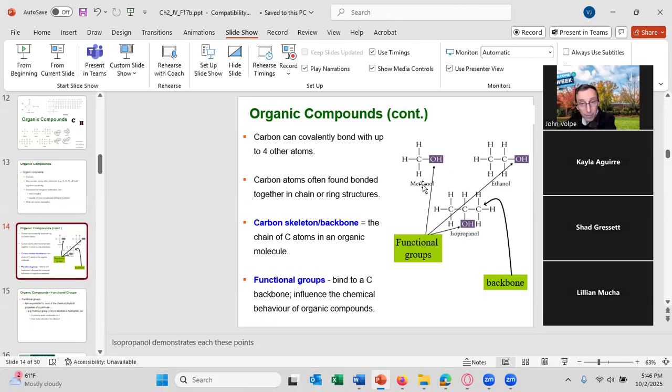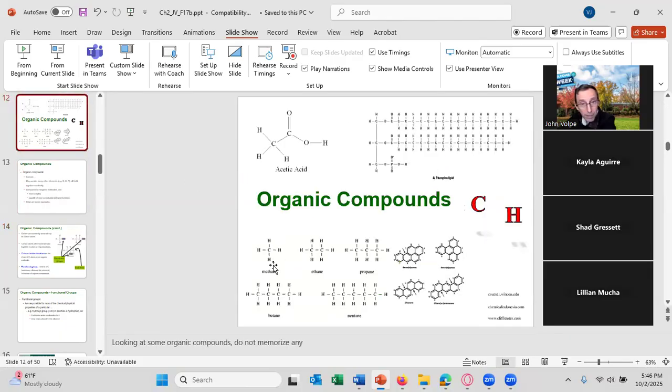Functional groups give this molecule different properties than, let's say, methane alone. For example, methane is a non-polar molecule. It doesn't like to dissolve in water.